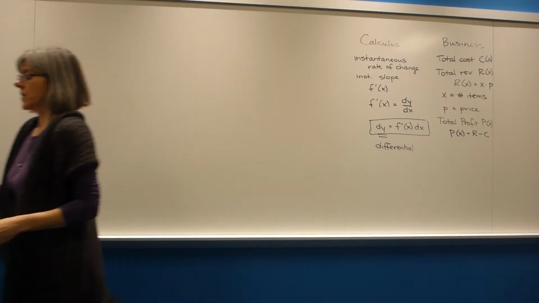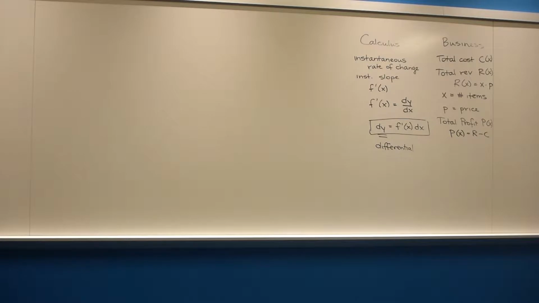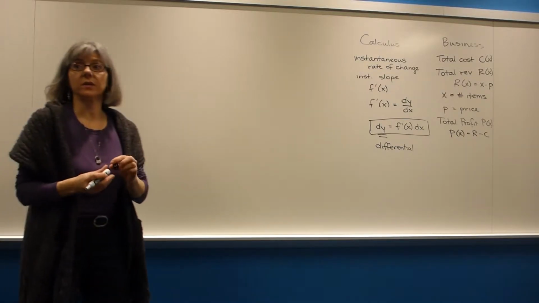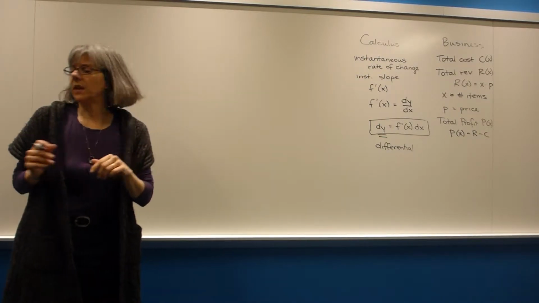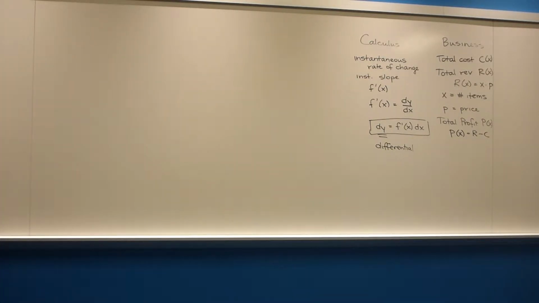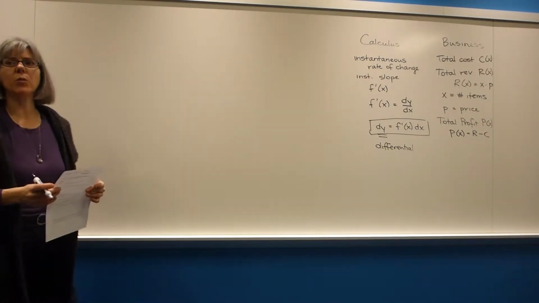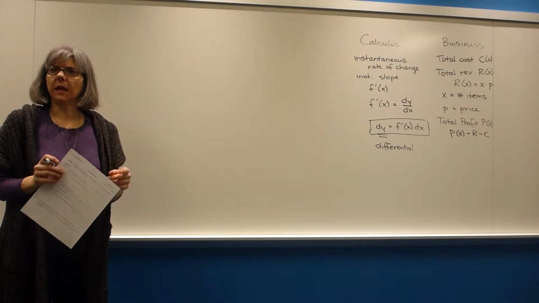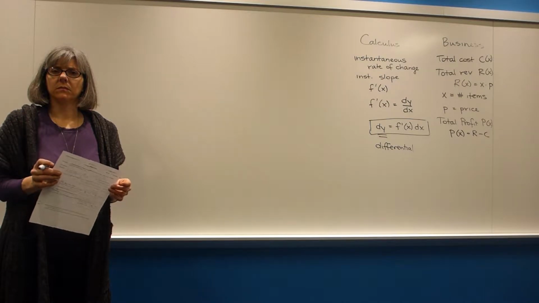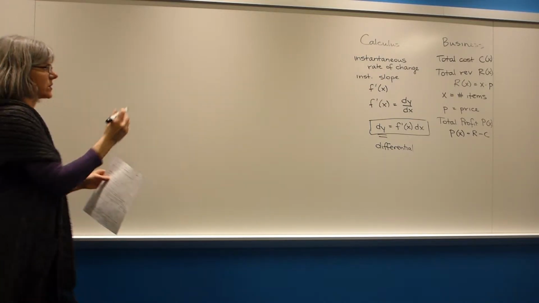Okay, so here's a question that's a reasonable question to ask. If I increase the number of items I make by 1, what is the exact cost of making the next item? That seems like maybe an easy question. Let's write that out.